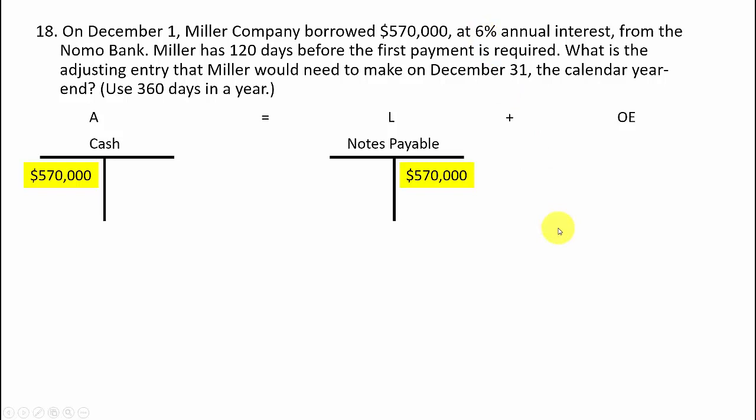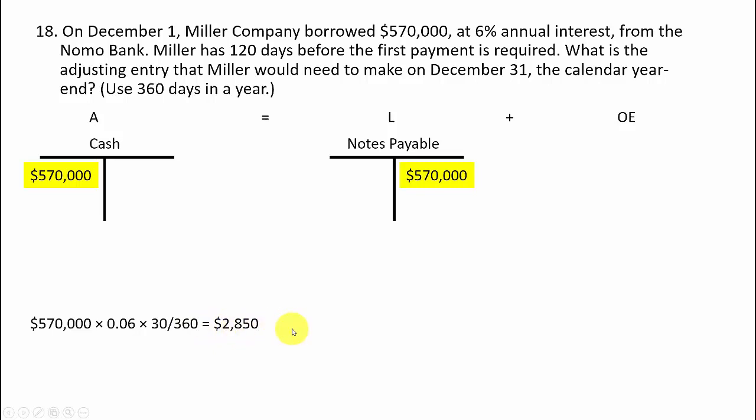And so let's make the calculation. So 30 days worth of interest would be 570 times 0.06, times 30 over 360, which is interest of 28.50.